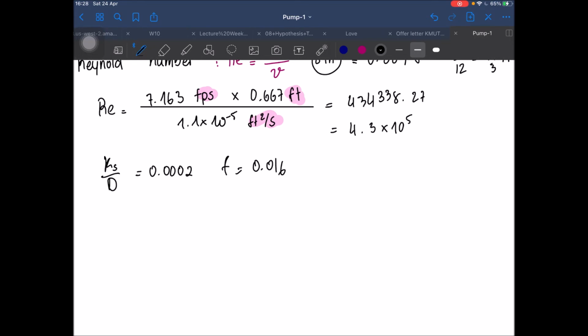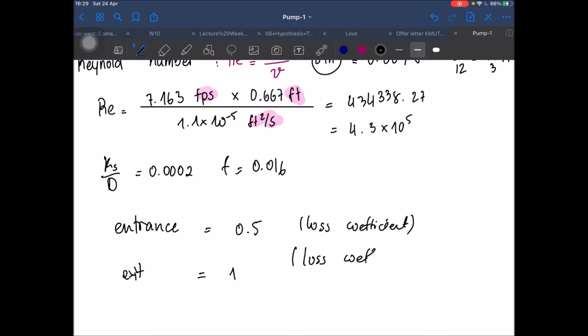So now let's assume the entrance loss coefficient of 0.5 and the exit loss coefficient as 1. So entrance equals 0.5, I mean the loss coefficient, and exit equals 1 loss coefficient.